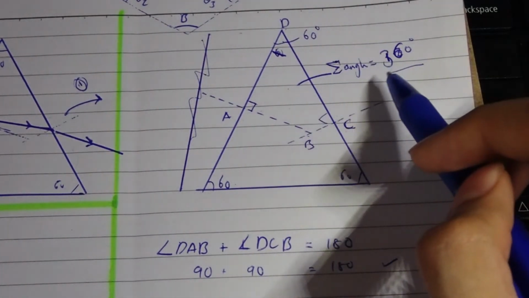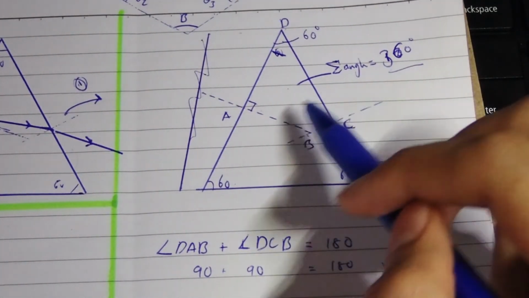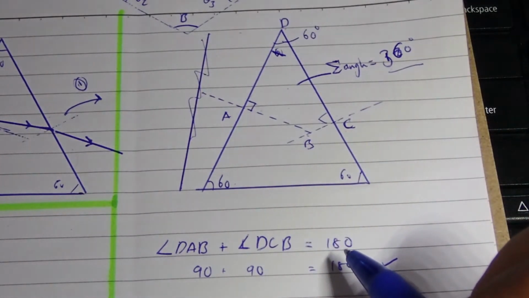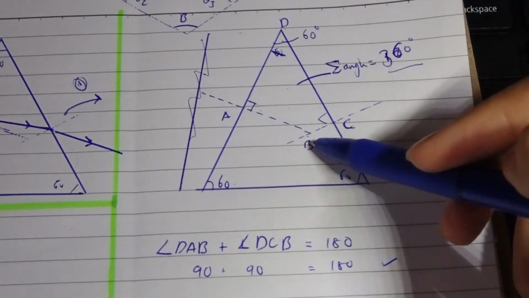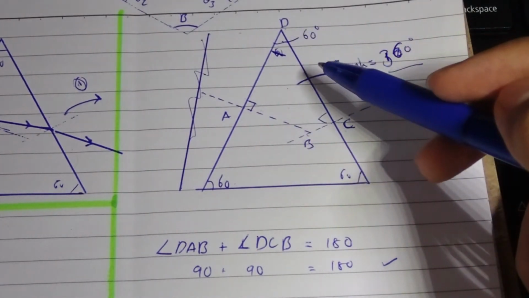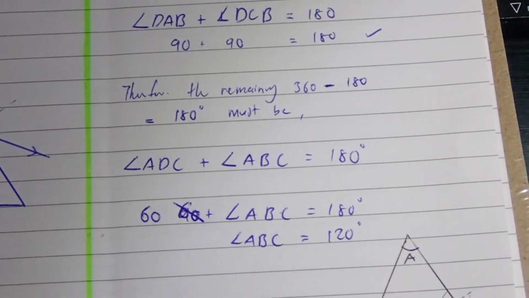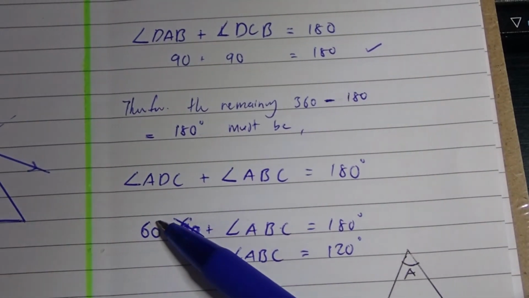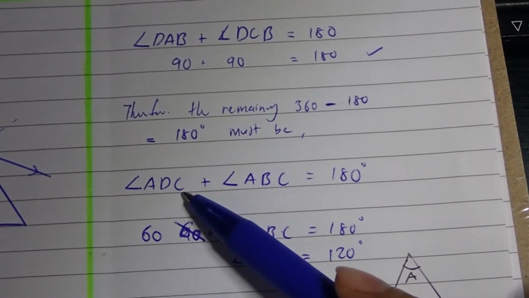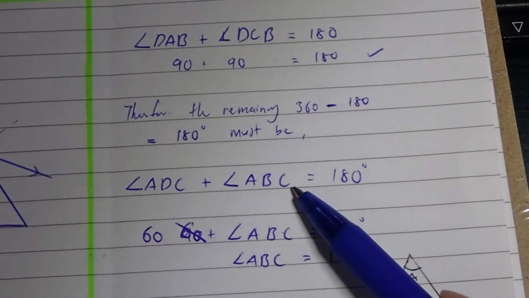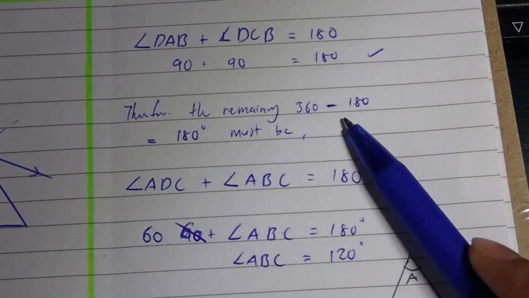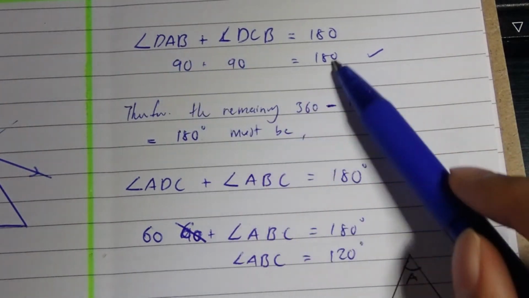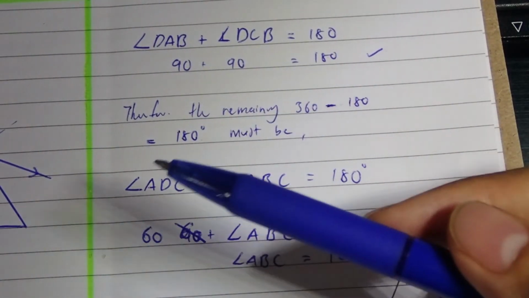So when we subtract angle A and angle C, which is 180 degree, from 360 degree, we are left with angle B and angle D, which correspond to 180 degree, right? Angle ADC plus angle ABC will correspond to the remaining angle of 360 degree minus the 180 degree of the normal angles that we subtracted before.